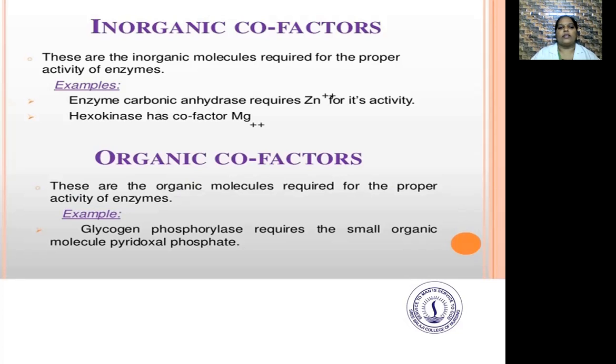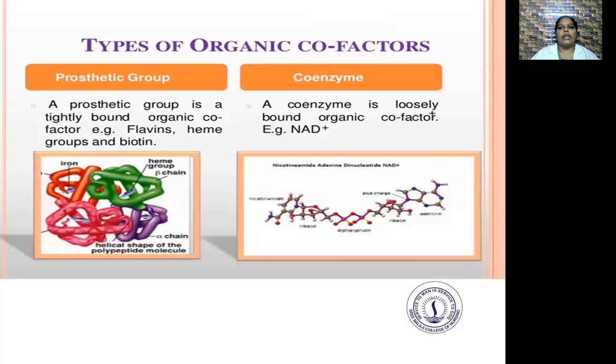Organic cofactors. These are the organic molecules required for the proper activity of enzymes. Example, glycogen phosphorylase requires the small organic molecule pyridoxal phosphate. Types of organic cofactors.